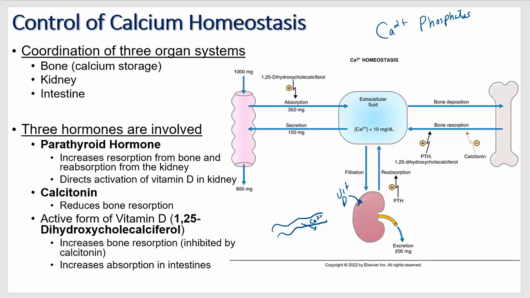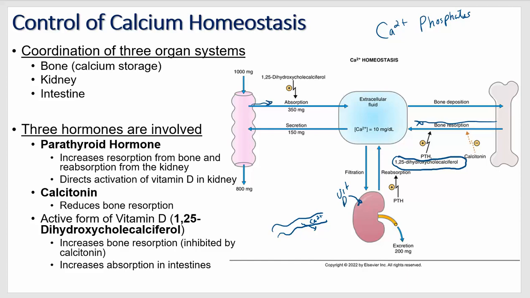So the active form of vitamin D, we just said what it does. It increases bone resorption, inhibited by calcitonin. So yes, I didn't mention that. But yeah, bone resorption here, and absorption in the kidney.